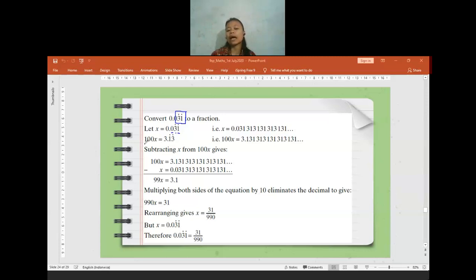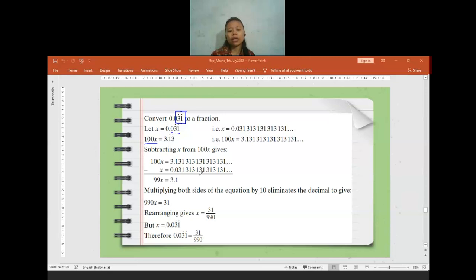That's why we need the 100x in here. So the x will be 0.0313131 and so on. The 100x will be 3.131313 and so on, because 0.031313 multiplied by 100 equals 3.131313 and so on.